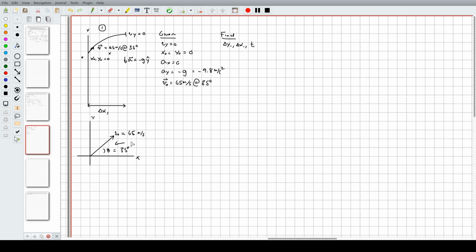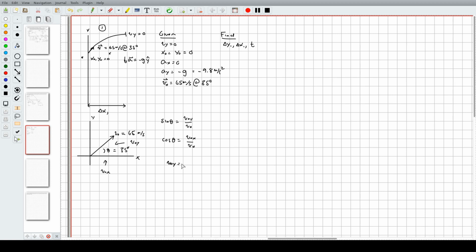Noting again that this is the opposite side. The opposite side is v naught y, and this would be the adjacent side. This would be v naught x right there. So, writing out our trig stuff, sine of theta is opposite over hypotenuse. Cosine of theta is adjacent over hypotenuse. We can write down tangent, but it's not useful to us in this particular case.